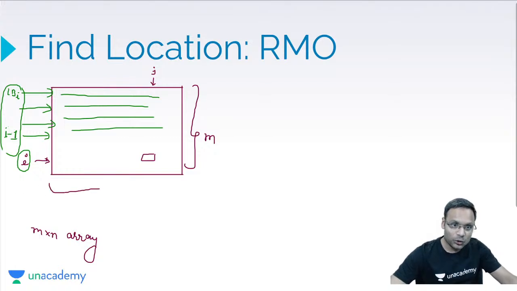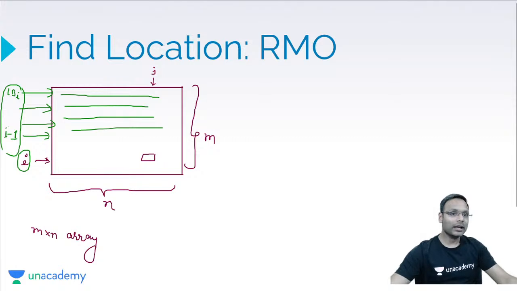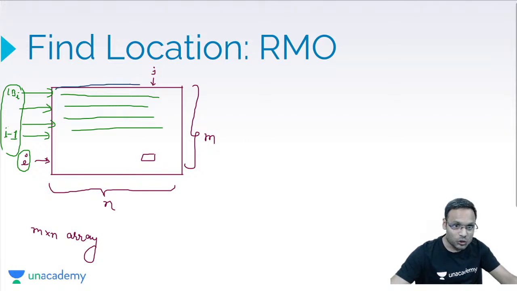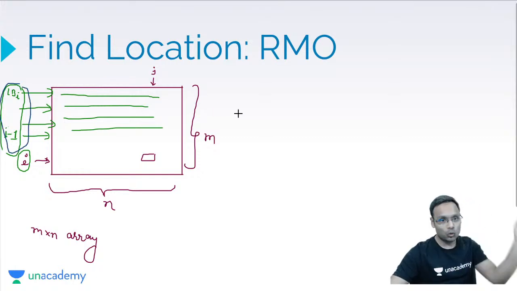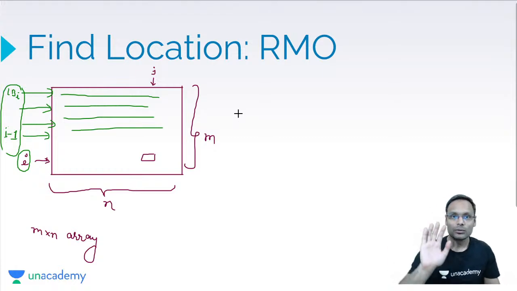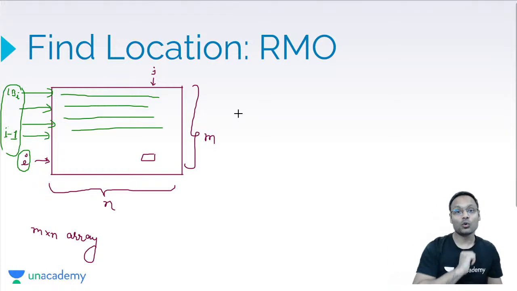In each row you can have n elements. What I will do is, within the first row I am storing n elements, in the second row n elements, in the third row n elements. In all these rows I am storing n elements. Complete rows. Yes.